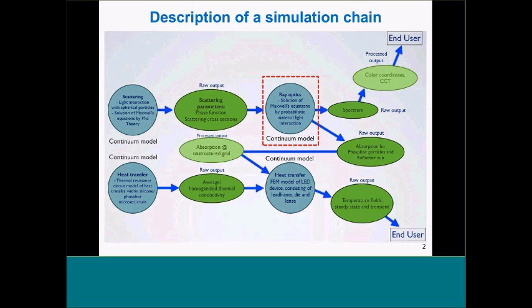There are two major parts in the simulation: the heat modeling and the optical or photometric modeling of the LED. So modeling of light and modeling of heat transfer. And in this part, we are focusing on the optical modeling and the API for that.